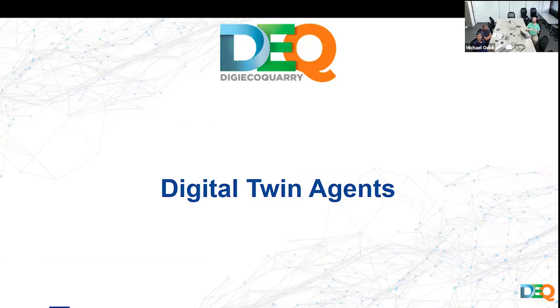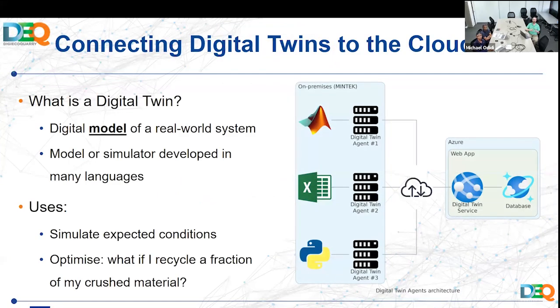So you would have seen that the last part was talking about the simulation. That was the last source of data and destination of data. I'm going to talk about that in more detail, specifically talking about these things we call digital twin agents. So if we start out with just what is a digital twin, in this system, we're specifically looking at it as a model of the real world.